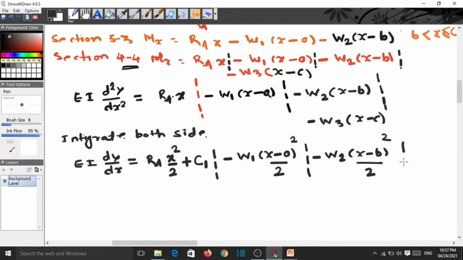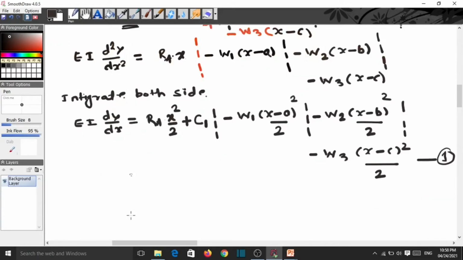Then the last section, minus W3 into X minus C bracket square divided by 2. So this is our equation number 1. This is called the slope equation.